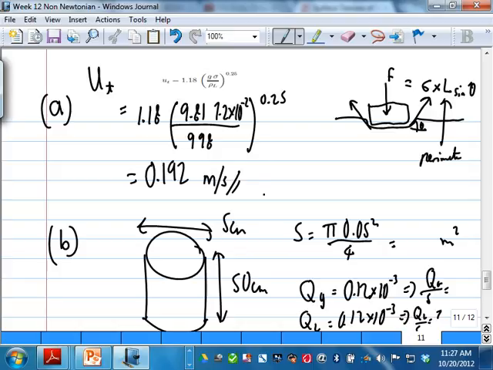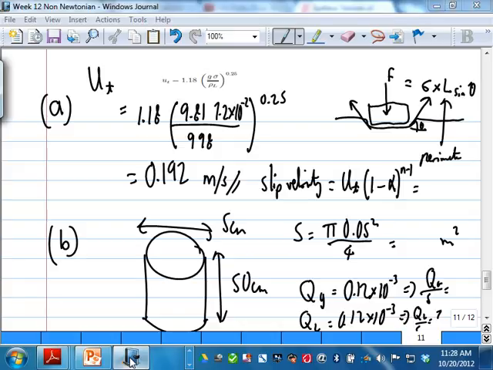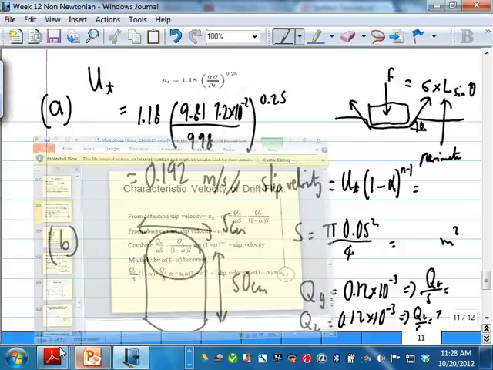The mistake is that I thought you needed to calculate alpha, but since they give you alpha, life is quite easy. You don't need to do that plot now. So U slip velocity is UT times 1 minus alpha to the n minus 1. What is n?